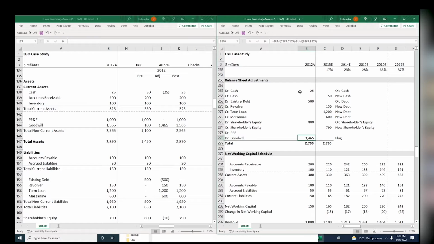However, this case study specifically said to put 15%, and I did this kind of hack. You should probably link this to an assumption, but whatever, lazy. 15% of the excess to PP&E, and then the rest to... wait, did I do this right? Sorry, I just want to check something.